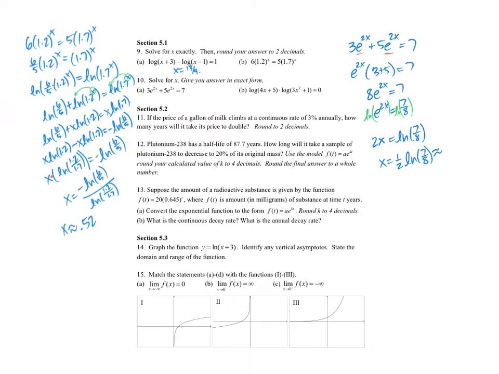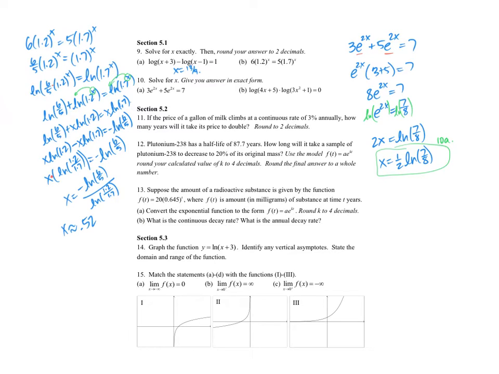And we can get a decimal approximation for that. 0.5 times natural log of 7/8, I get negative 0.0667, and it wants the answer in exact form. So that's the answer in exact form. Never mind, we won't do the decimal approximation after all. But if we do the decimal approximation, it's negative 0.0667, just for your information. Okay, so that's the answer in exact form. So we'll circle that. So that's the answer for number 10, part A.